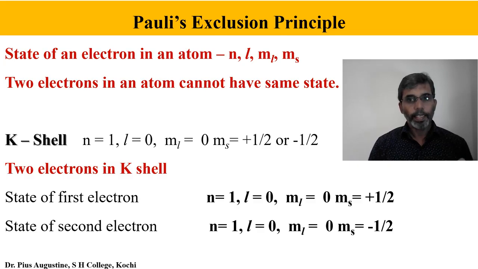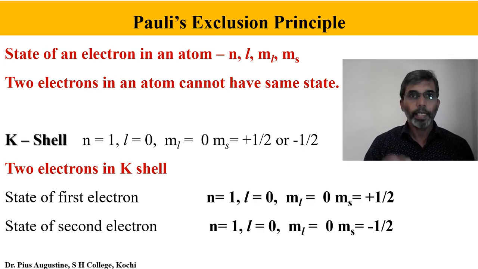For K shell, the principal quantum number n is equal to 1, and the orbital quantum number l can take values from 0 to n minus 1. So only one value for l, which is l is equal to 0. The magnetic orbital quantum number ml can take values from minus l to plus l in steps of 1.